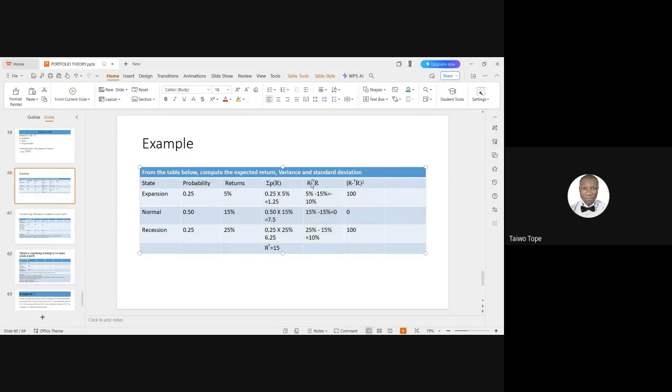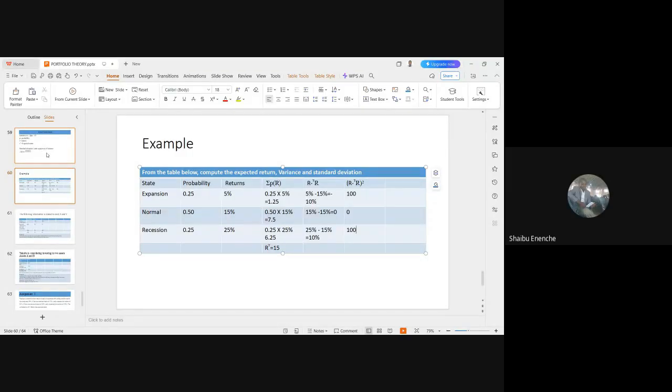So R minus R bar: 5% minus 15% gives minus 10%, 15% minus 15% gives 0, 25% minus 15% gives 10%. Then you square each result: minus 10 squared is 100, 0 squared is 0, and 10 squared is 100. Is that clear?